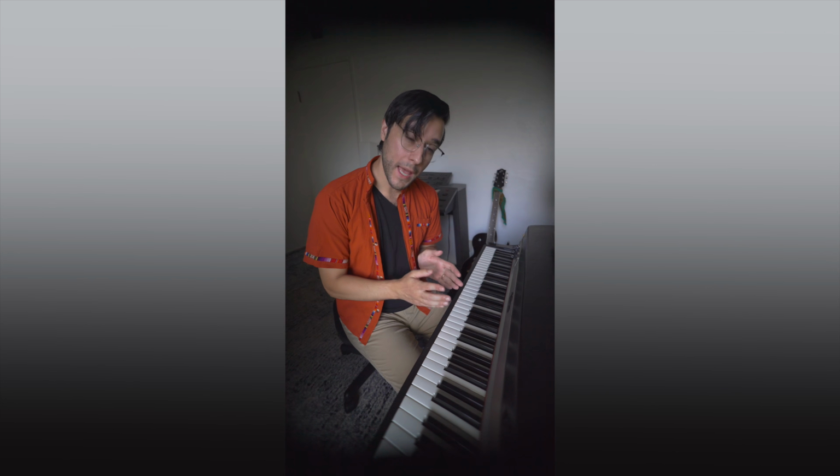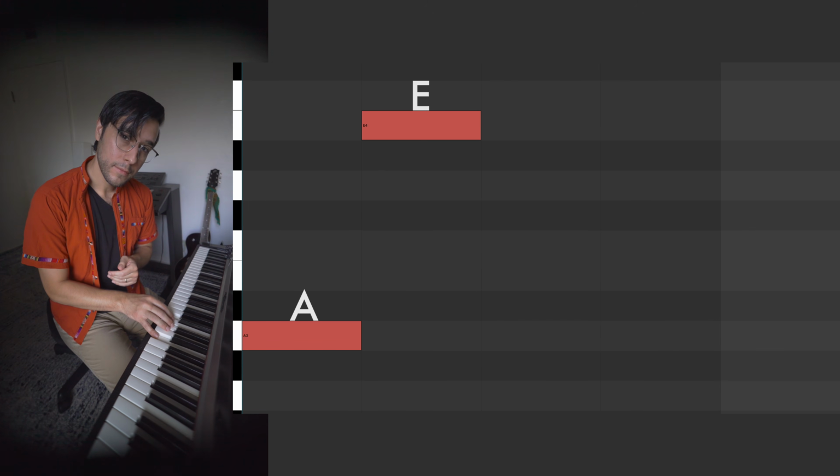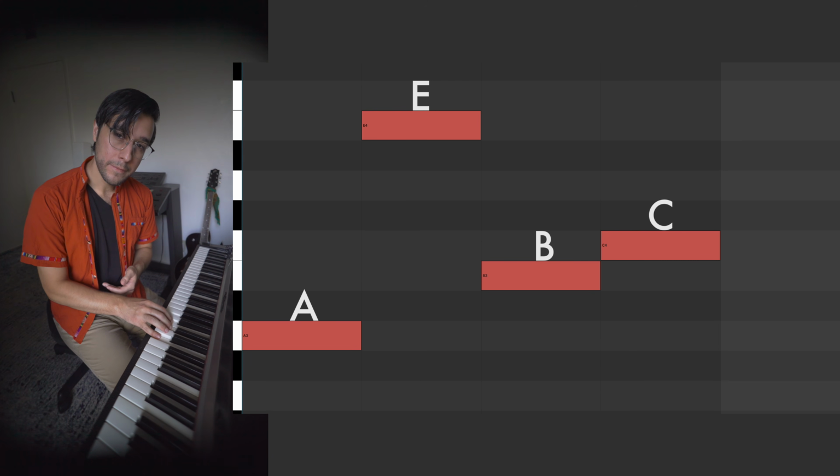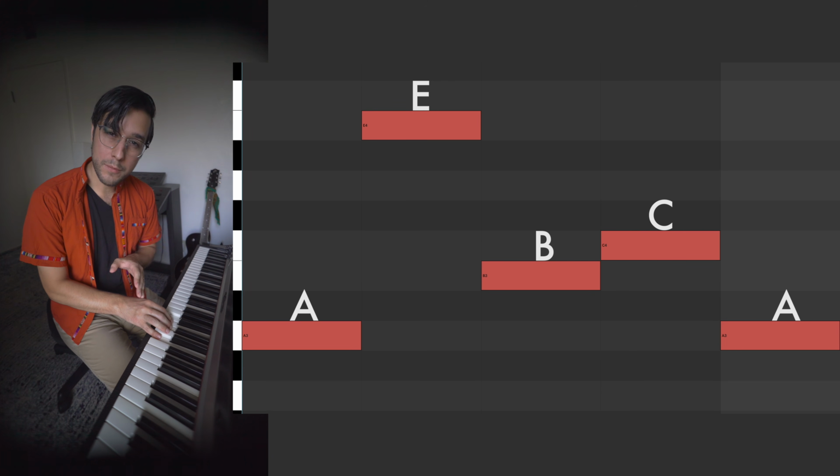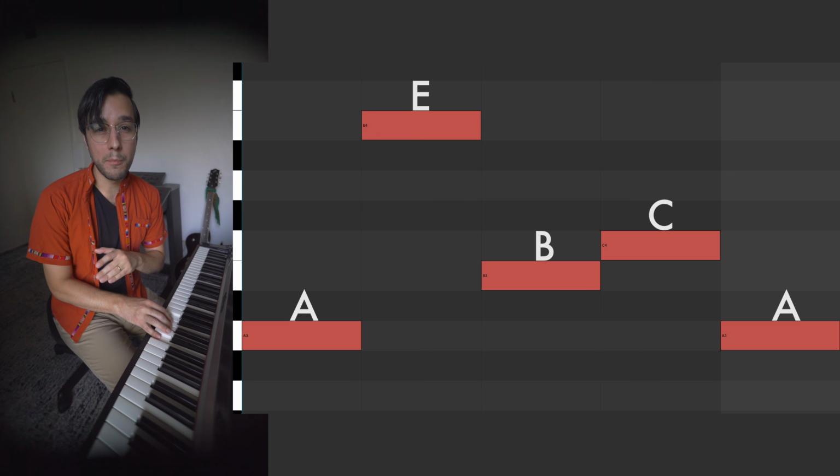You may be thinking, why would I want to do that, and now have to remember and think of 2 things rather than just 1? Let's look at an example. If I have a musical idea that goes from A, E, B, C, and back to A, these letter names only apply to the key of A minor.